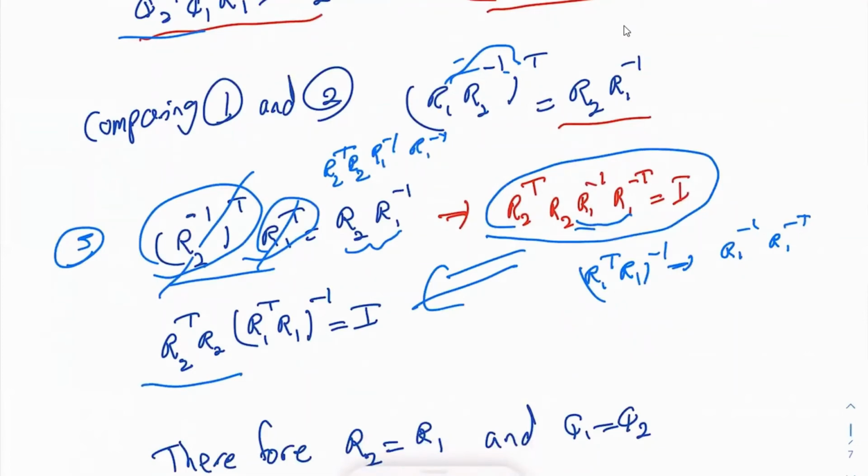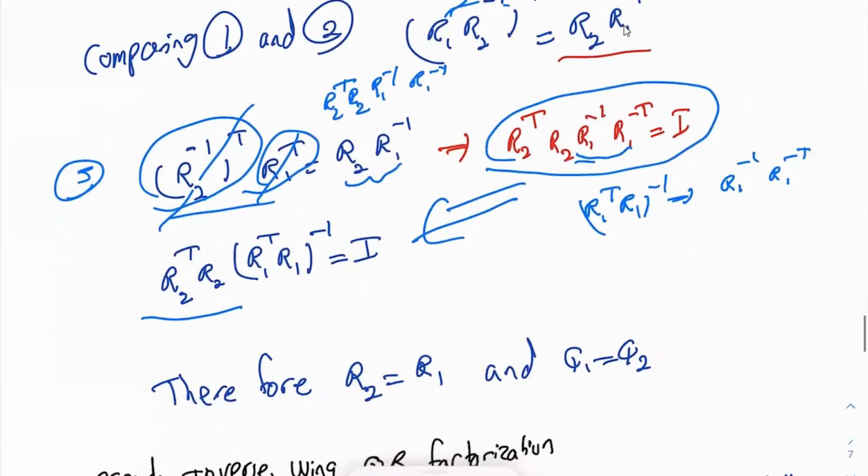R2 and R1 are both square matrices, and R2 transpose R2 is also square, R1 transpose R1 is also square. This means that R2 transpose R2 is the inverse of R1 transpose R1, or the other way around, right? Therefore, R2 is equal to R1, and when R2 equals R1, then Q2 is equal to Q1.